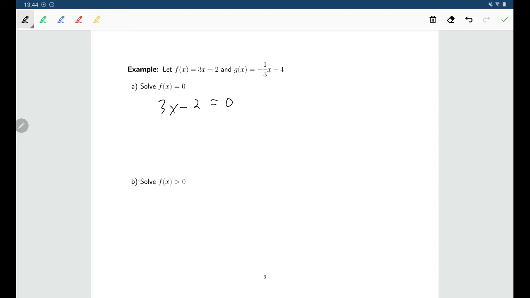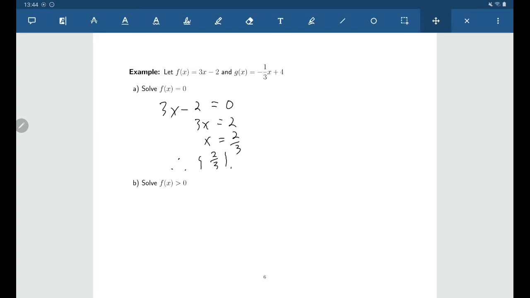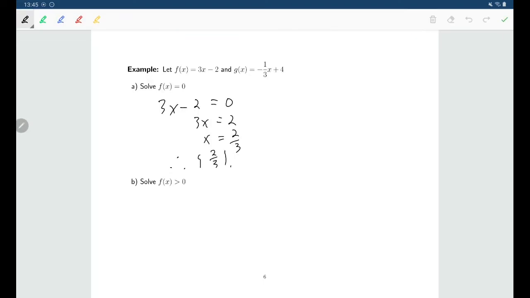So 3x minus 2 equals 0, 3x equals 2, and then x is 2/3. So my solution set has just one point in it, 2/3. And of course, that means that if I were graphing f of x right now, I would know that it has an x-intercept of (2/3, 0).